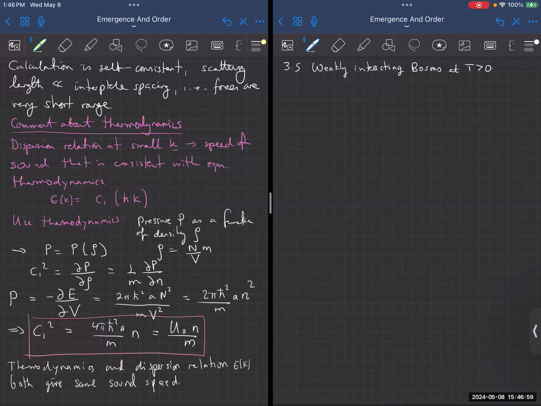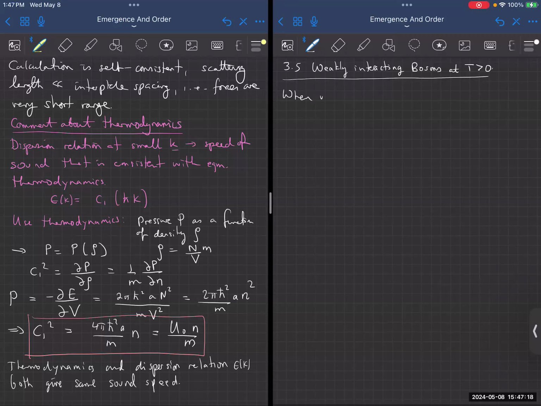What I will show you is the result. I'm not going to go into huge detail with the calculation. I'm going to ask what happens when we raise the temperature.